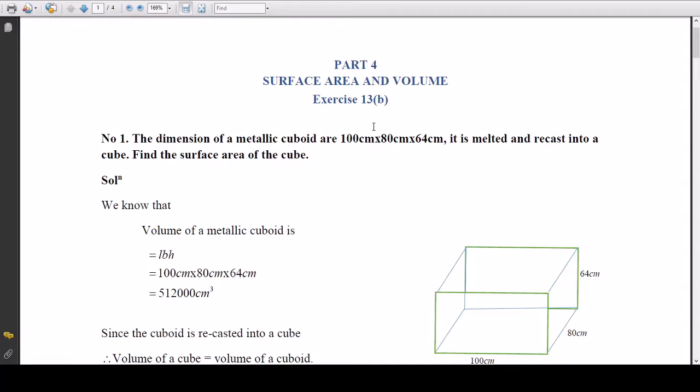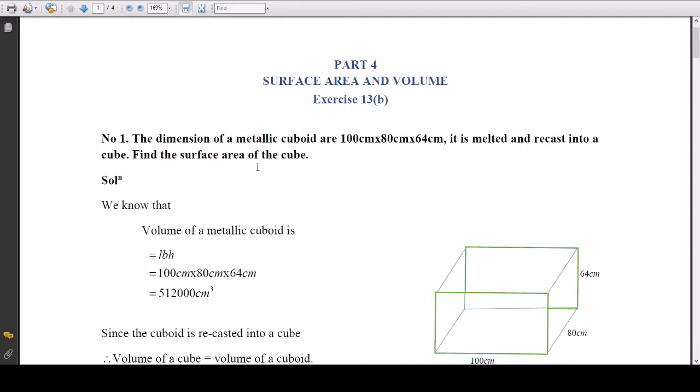What is a cube? A cube is a cuboid in which all the lengths of its sides are equal. This means the length, breadth and height are of the same length.